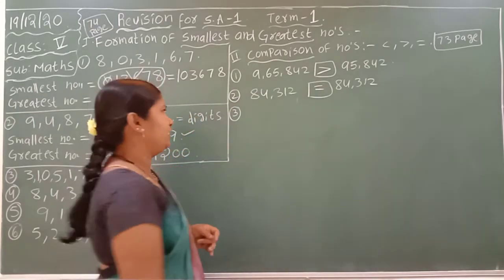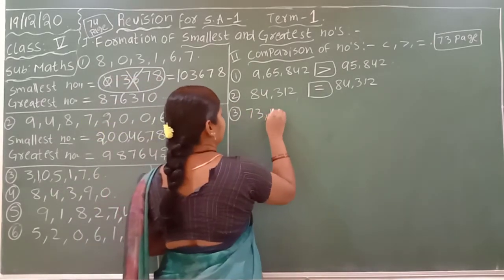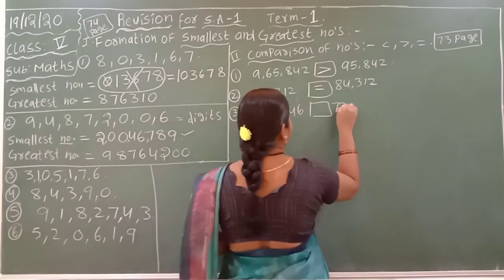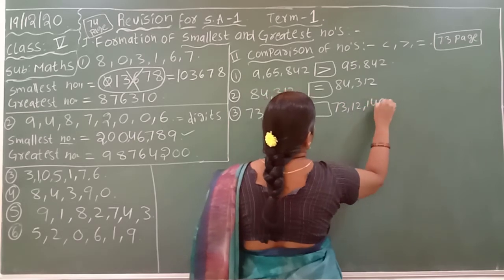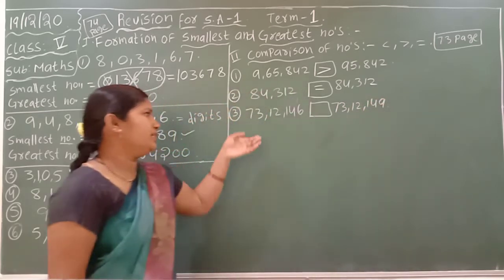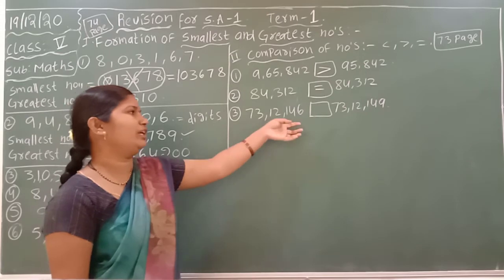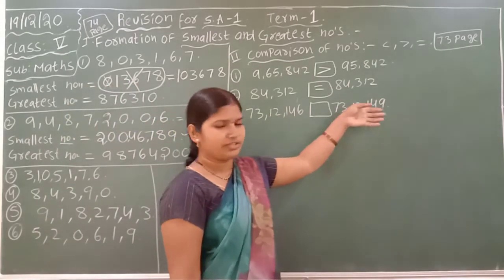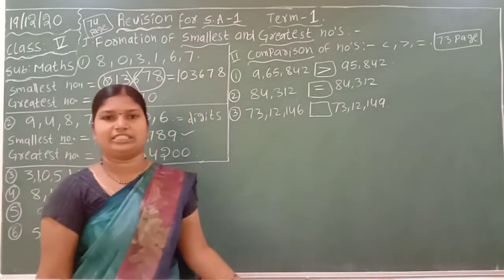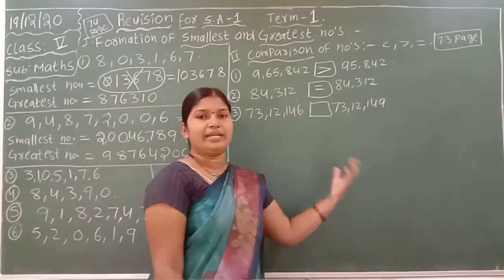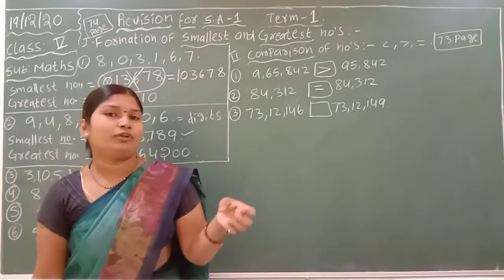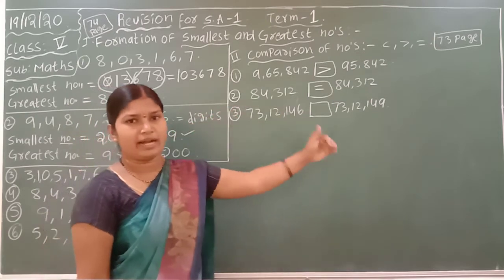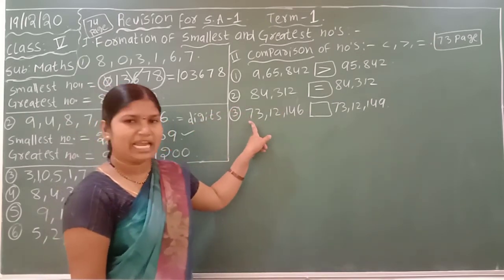Okay. After that, now here: 73,12,146. It is a 7-digit number. 73,12,149. It is also a 7-digit number. If both sides have the same number of digits, you have to check the highest place value, that is from left to right. 7 is in the 10 lakhs place.